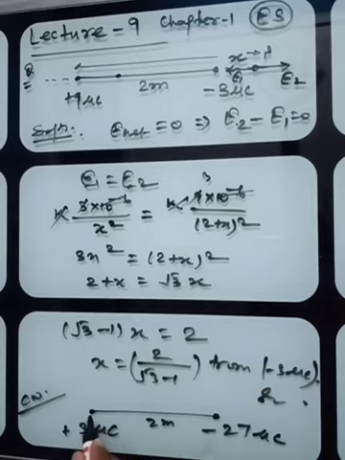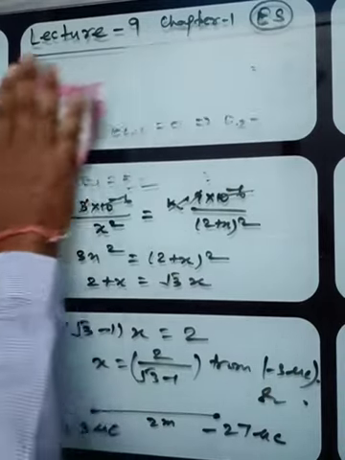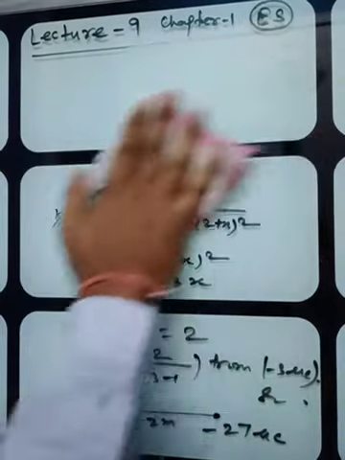You have to find the position at which the net electric field will be 0 due to the system of these two charges. Try to solve by yourself. Pause the video and try to solve this question. You have to find the position on the line joining these two charges at which the net electric field will be 0.